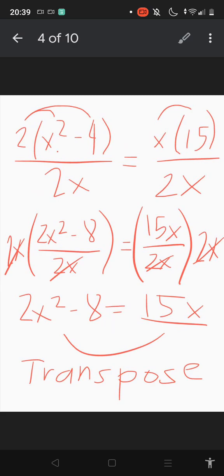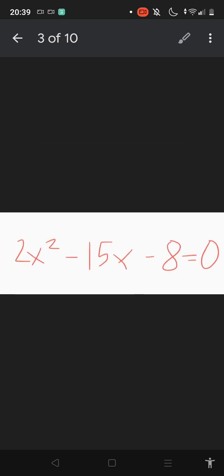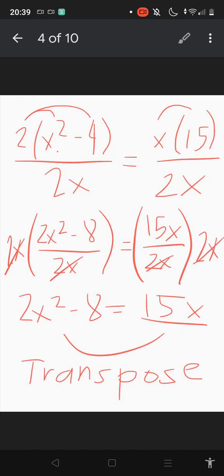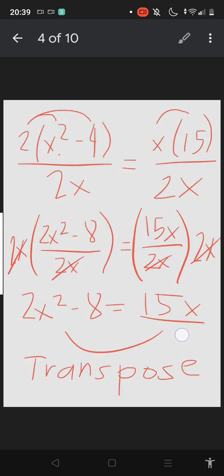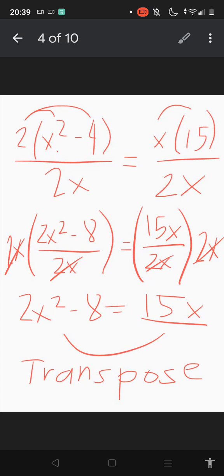Then the next thing we have to do is transpose. That leaves us with 2x squared minus 15x minus 8 equals 0. As you noticed, the positive 15x became negative 15x because we transposed it to the other side.